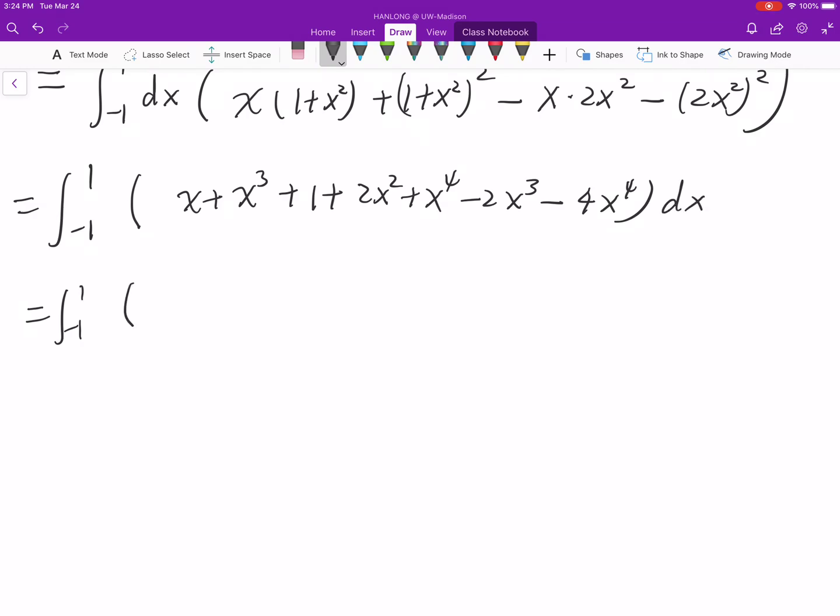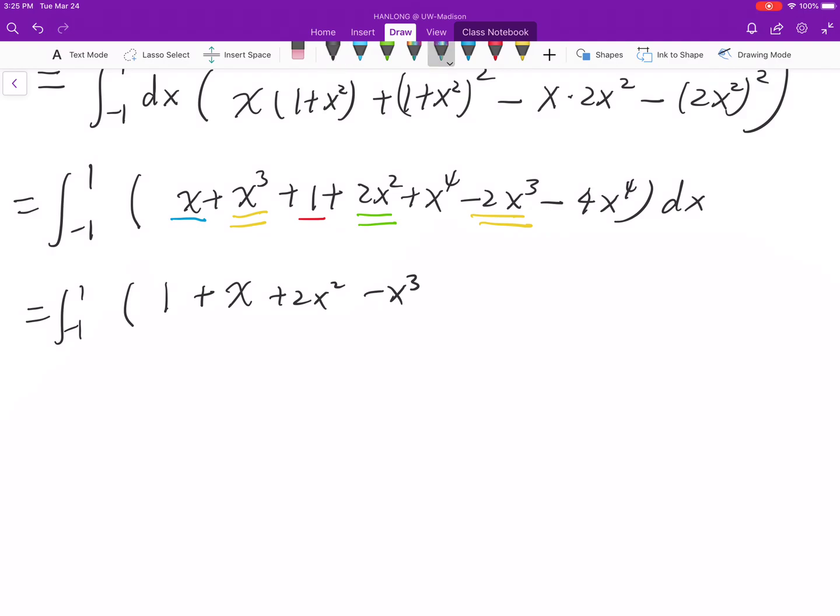And here, then let's combine constant term. You have 1 here. And then for linear term, you have x. And then you have quadratic term, 2x squared. And then you have cubic terms here, so minus x cubed.